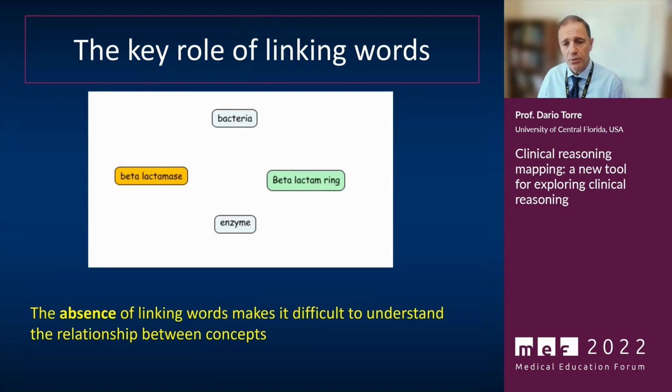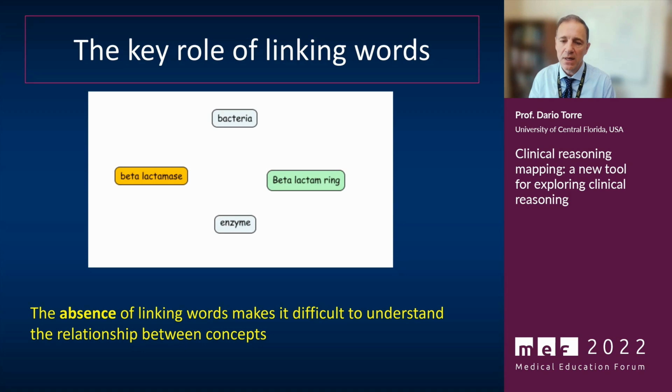Now, another point that I'd like to make before looking at some of the evidence supporting the use of concept mapping in clinical reasoning is the key role of linking words. This is very important because a lot of times we have some differences with mind maps or cognitive maps. It is based on theory and on the way that practice has been in the last 25 years in relation to what we mean by a concept map.